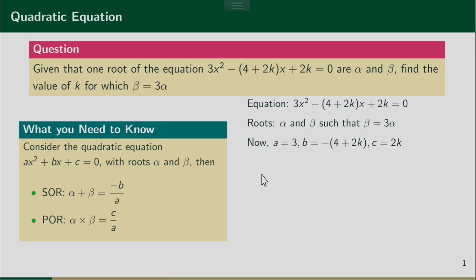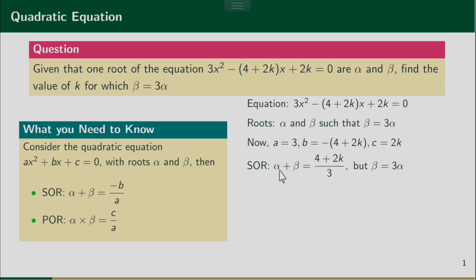So I have brought out the values of a, b, and c, and I can go ahead and apply what I have just read to you. Now, the sum of the roots: since the roots are alpha and beta, I will take those two roots and sum them. It must not always be alpha and beta. It can be p and q, it can be r and s, whatever variable or constant they choose to use. But just know that if the roots are given as p and q, then instead of alpha plus beta, you'll be looking for p plus q.